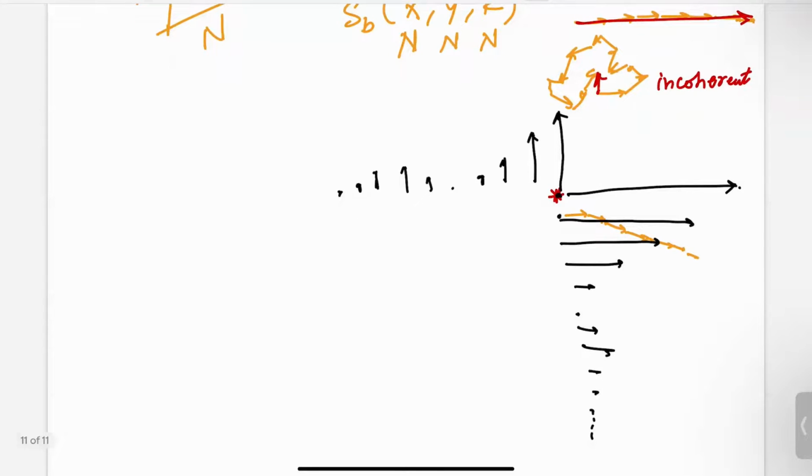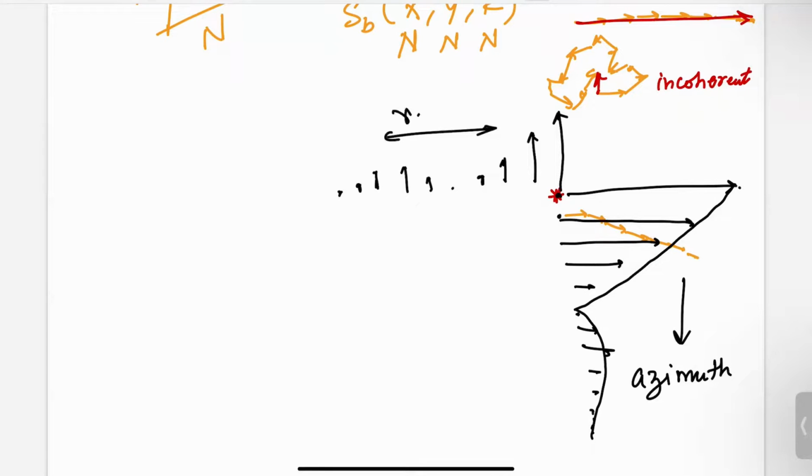So when you actually look at the envelope of this whole thing, it may look something like this. So this is azimuth or lateral direction. And you can say, okay, this is in range. It's sort of the same thing.